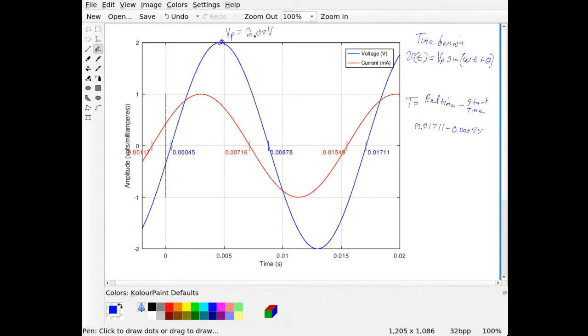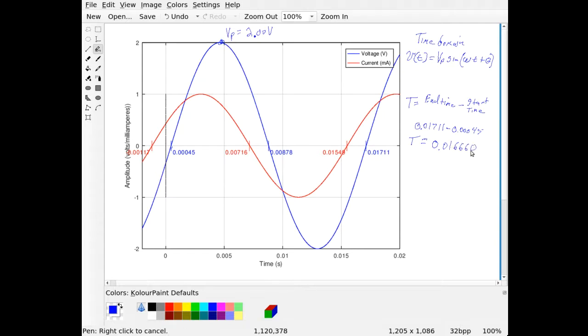Okay, so I just wanted to make sure I get it. So when I calculate that, I get that the period T is 0.01666.